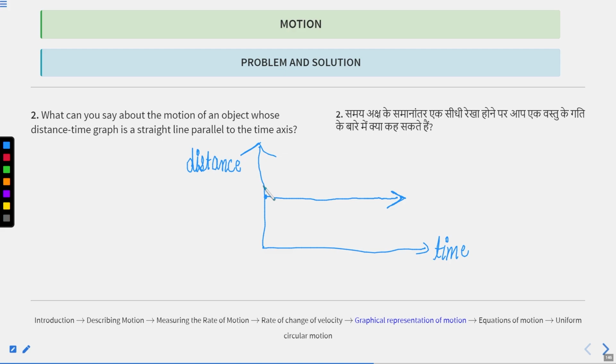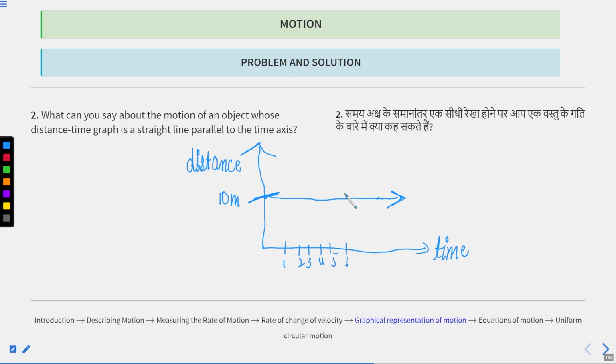According to this graph, time is increasing, but distance is not changing. If distance does not change, but time is continuously moving, what does it mean? I am sitting here, okay?